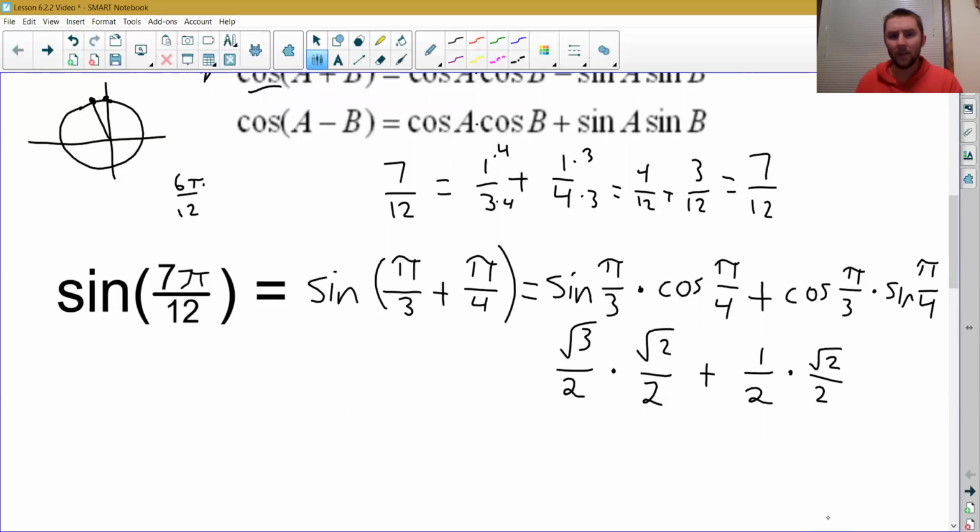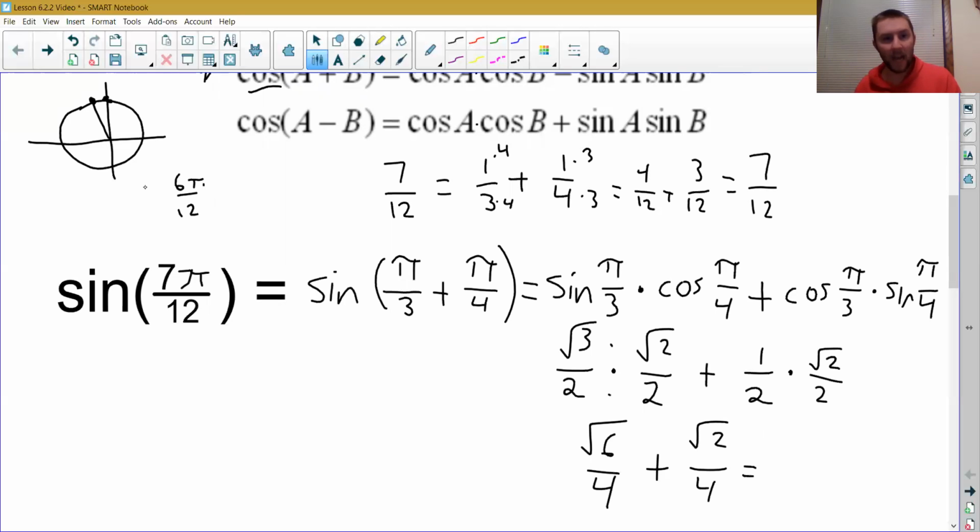So if I multiply these together, multiply the tops, multiply the bottoms, I think I get radical 6 over 4. And then this one, I think I get radical 2 over 4. Now, it's tempting to say that's radical 8, but it's important to remember we can't add numbers under a radical sign together. We can multiply them, but we cannot add them.